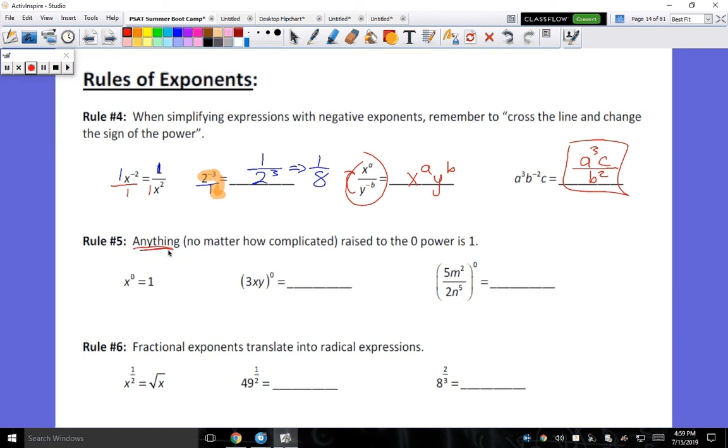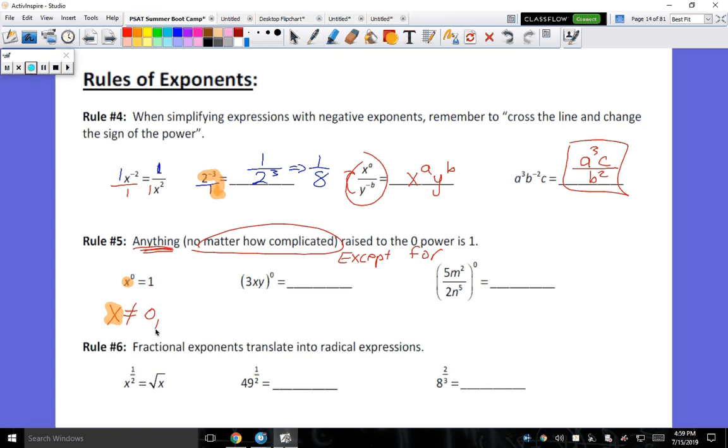Anything, no matter how complicated, to the power of 0 will always equal 1, as long as that anything is not what? 0.